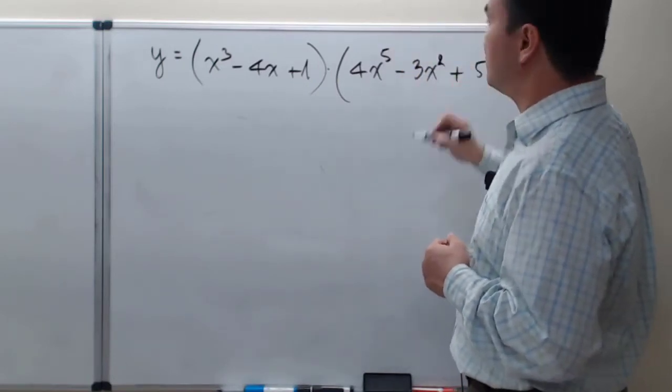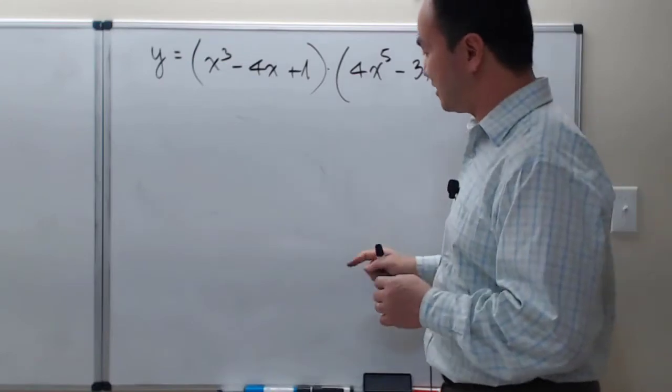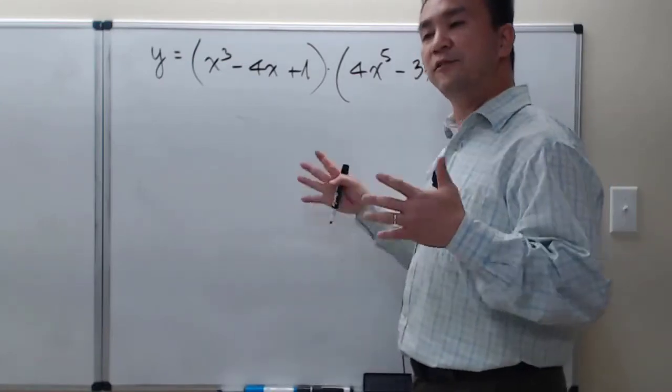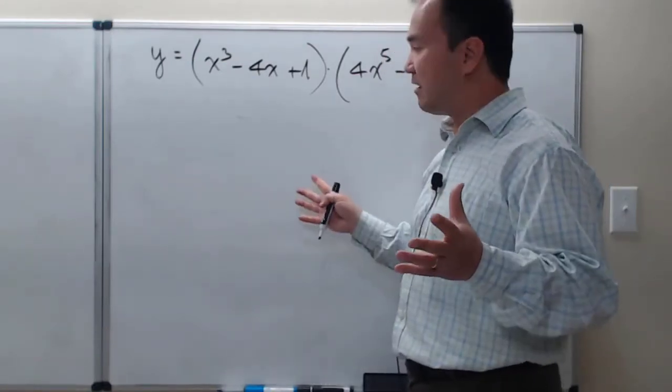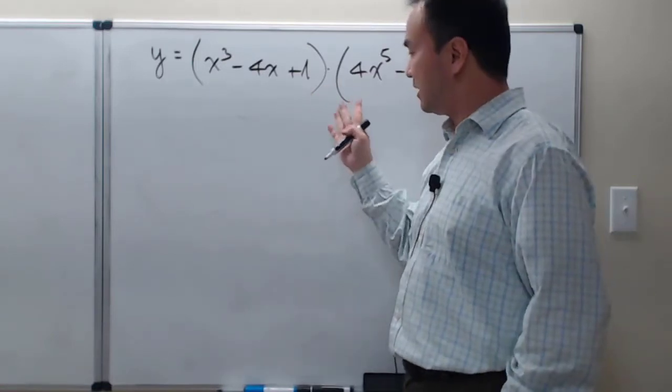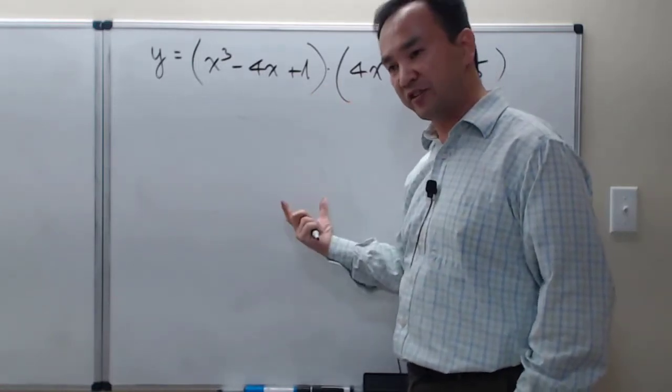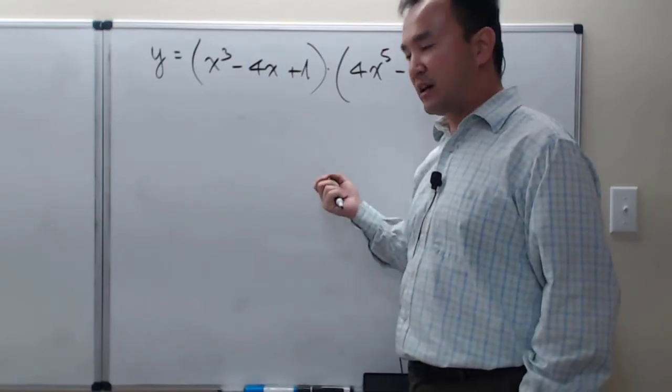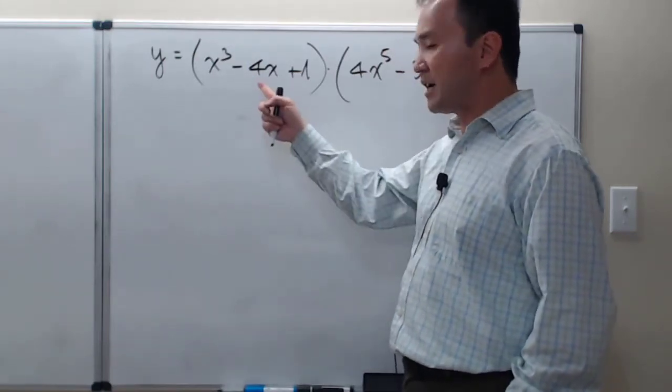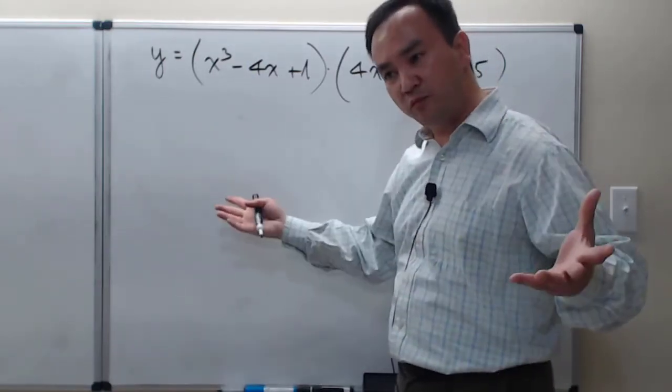With this product, we can still foil out. But now foiling out is going to give us some disadvantage in terms of time and efficiency, because it takes a lot of time and way too much effort.